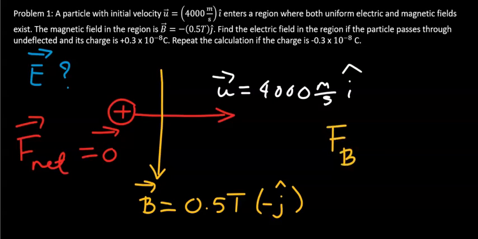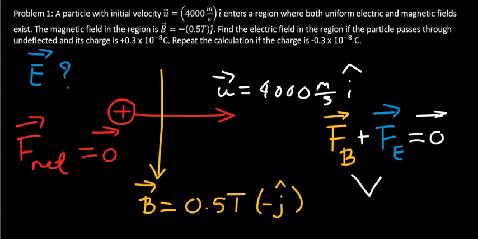The first is the magnetic force, and the second is the electric force. And the vector sum has got to be 0. For these two forces to cancel each other, their magnitudes must be the same and their directions must be opposite to each other.